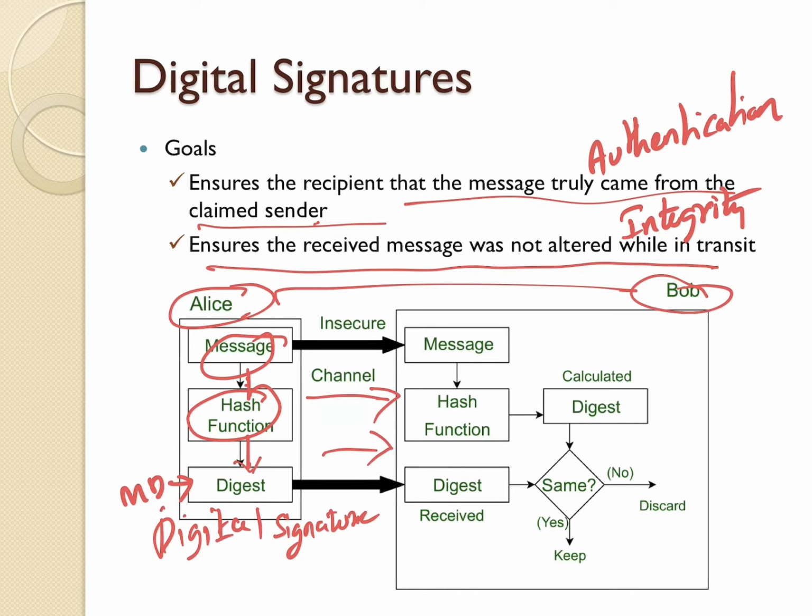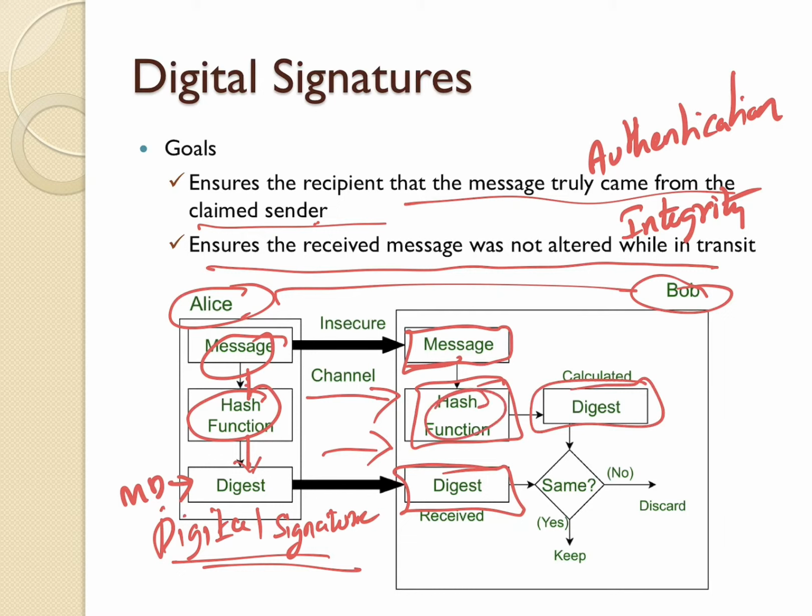On the receiver side, Bob will receive the message separately, as well as the message digest along with the digital signature. From this message, he will compute and retrieve the message digest using the hash function algorithm.